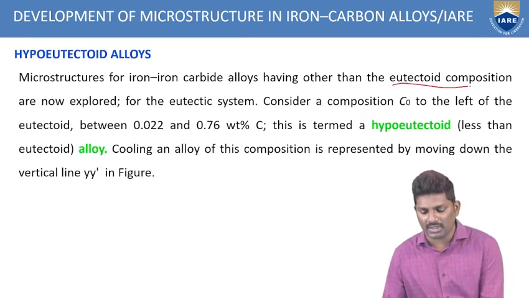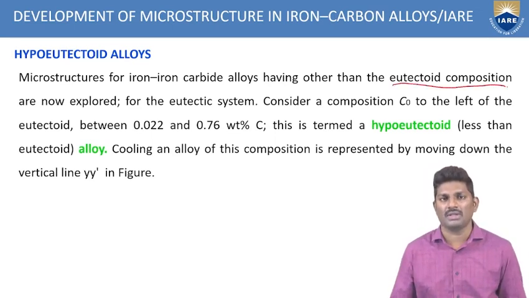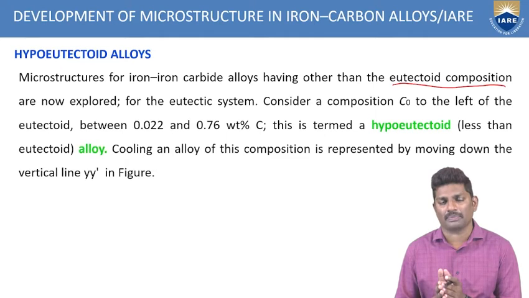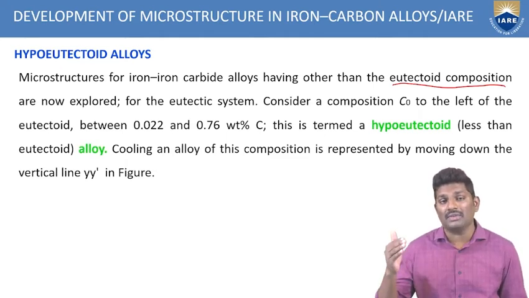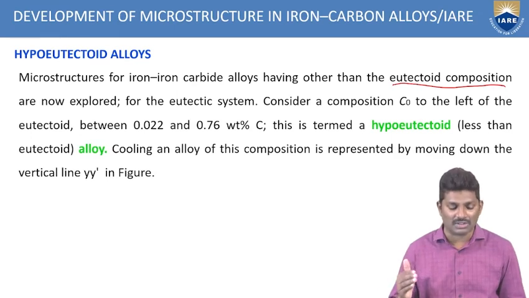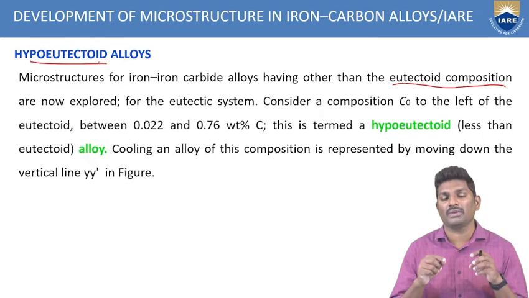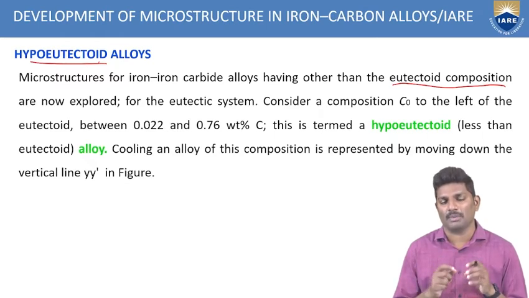The eutectic composition we have seen in the previous sessions. So if an alloy has a composition other than the eutectic composition, then that is called a hypoeutectoid alloy. So that we are going to extract now from the iron carbon diagram.